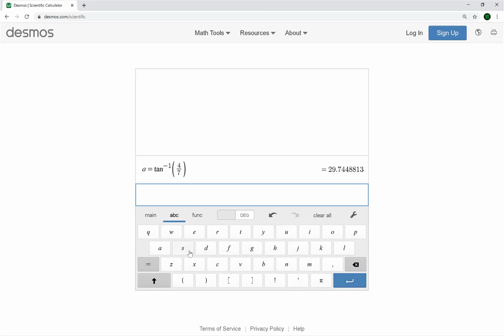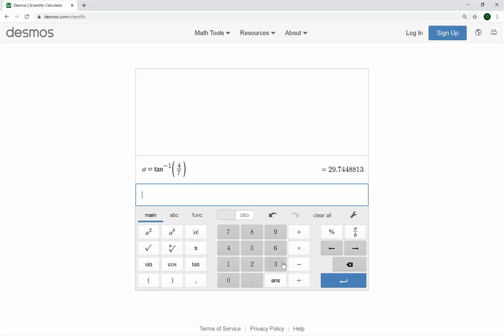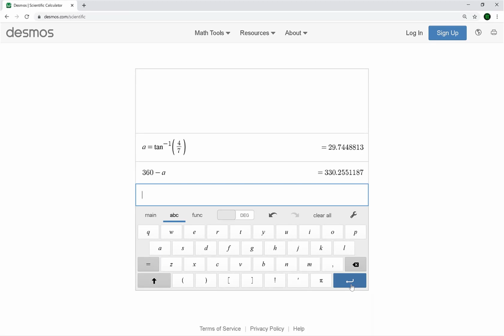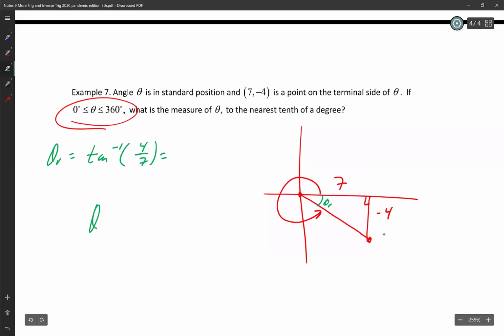I'm going to go 360 minus A. So there it is, 330.255. 330.3. Theta, let me first, I already forgot it, 29 point something. And then go back to red, 330 point, was it 330.3? And what was this, 29.7?